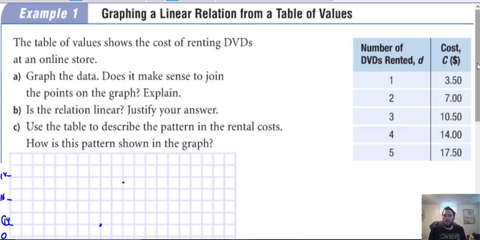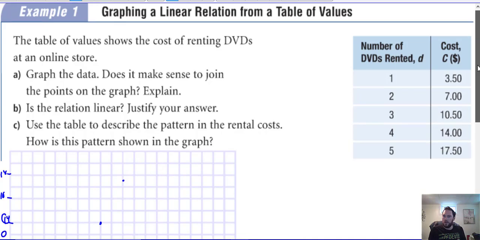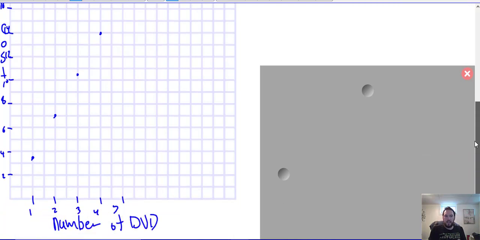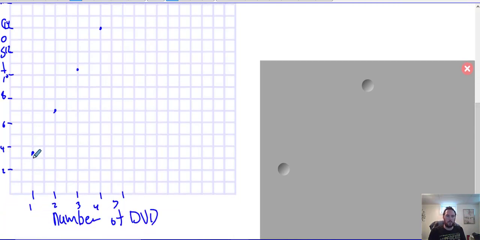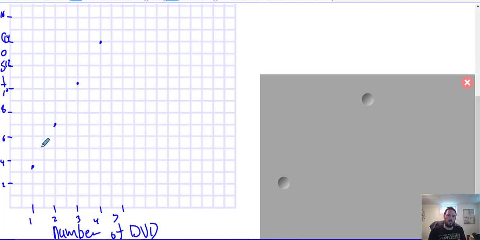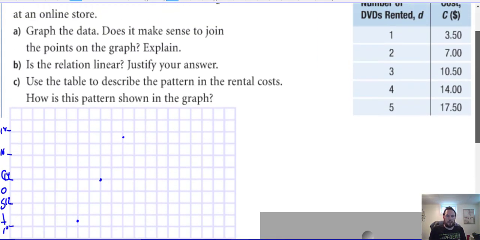And the answer is no, right? It's either 1 or 2 or 3, but nothing in between. So when I use a line to connect these points, what I'm saying is that it's possible to get an answer somewhere between 1 and 2. But in this example, it's not possible to do that. So we leave our points unconnected. We don't want to be looking at any values between the numbers 1 and 2.